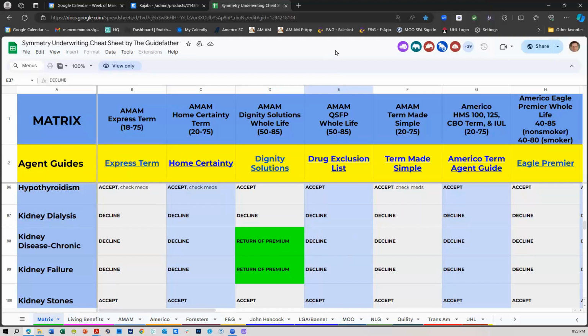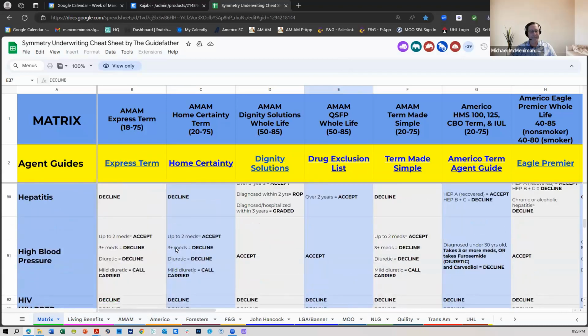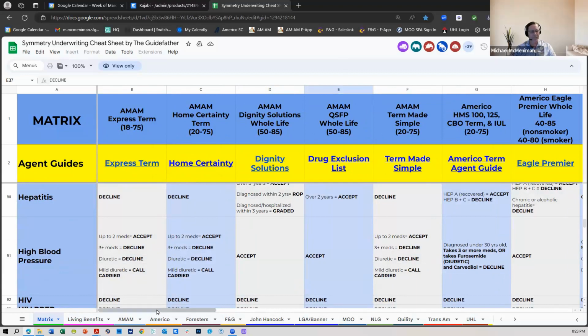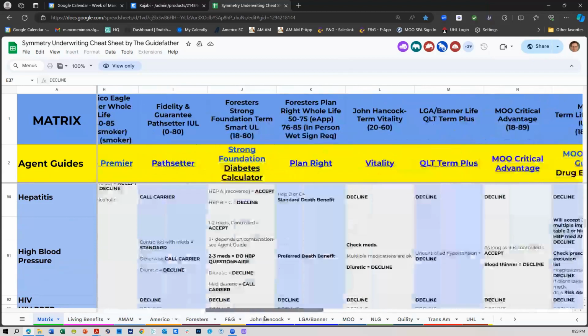True, but I will also say, Michael, that HCTZ is one of the mildest diuretics that treat hypertension and high blood pressure. So for them to say it's a decline, I am amazed, because most doctors put you on 12.5 hydrochlorothiazide at the first sign that your blood pressure is elevating.